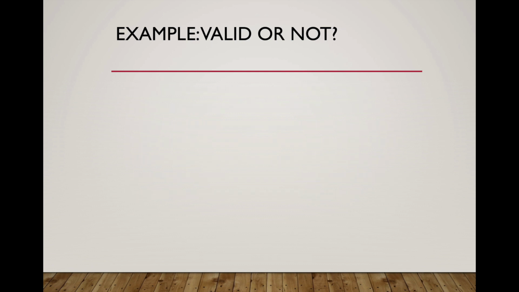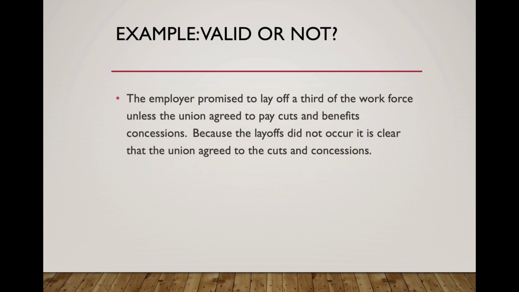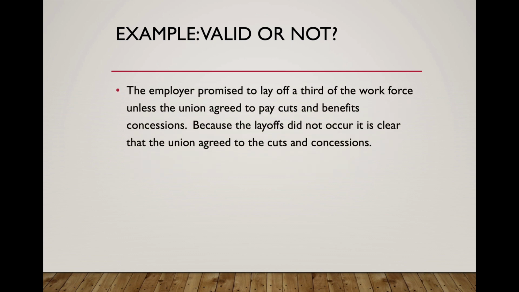So let's look at another example. The employer promised to lay off a third of the workforce unless the union agreed to pay cuts and benefits concessions. Because the layoffs did not occur, it is clear that the union agreed to the cuts and concessions. So here again, we have an argument in natural language, but we recognize that we have a conditional form.